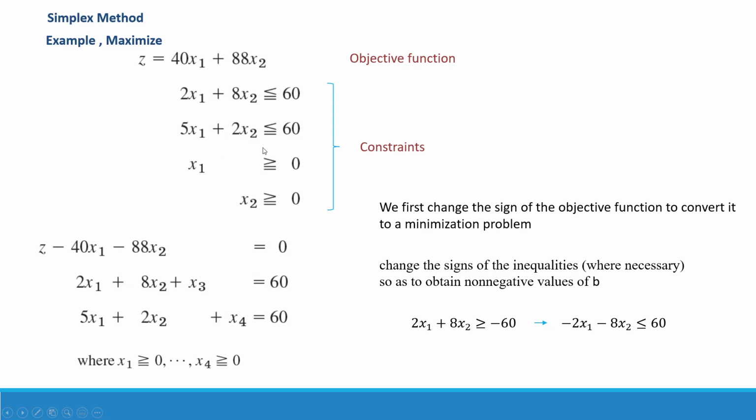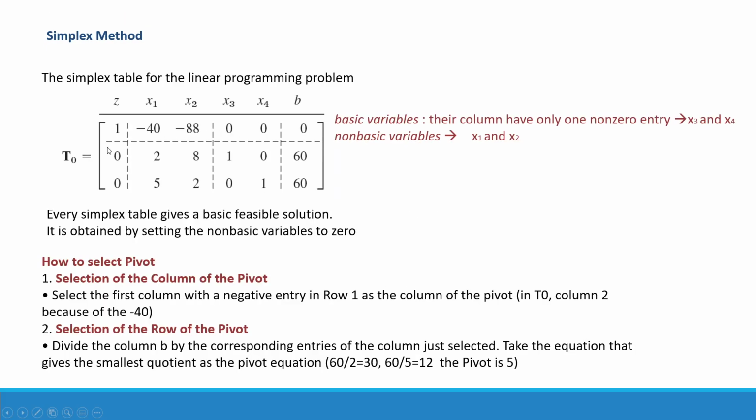We add the slack variables to the equations, we get this system, and we know that x1 to x4 are going to be greater than or equal to 0. With these equations, we can build our matrix, our simplex table for linear programming. It's important to know that there are two types of variables: basic variables and non-basic variables.